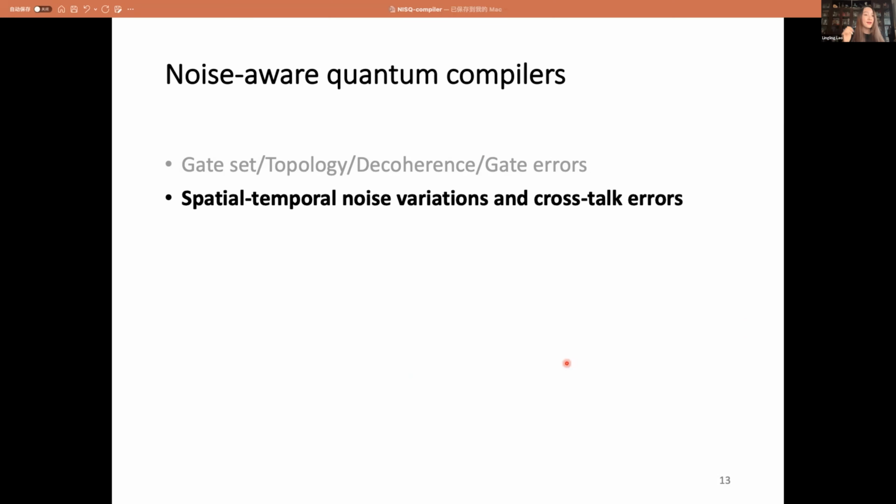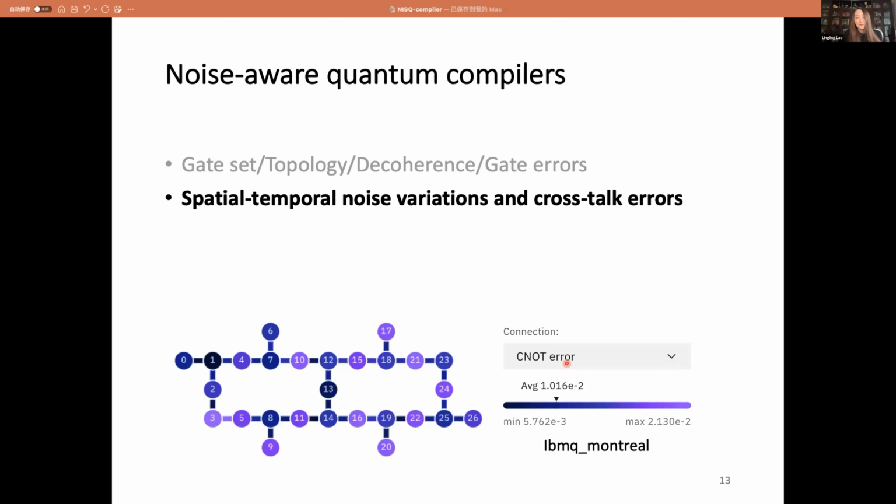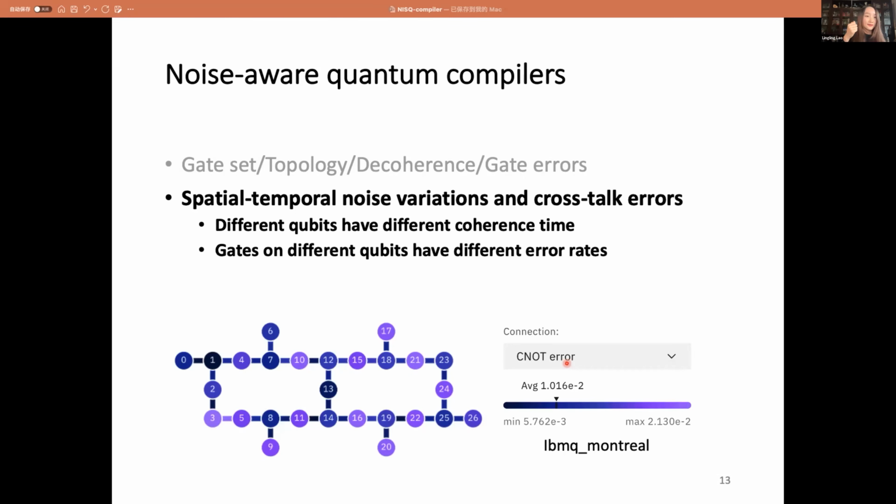However, these compilers haven't considered the noise variations in our current devices. For example, on the IBM Montreal device, we can see that different qubits have different coherence times, and the gates on different qubits have different error rates, as shown in this heat map. Also, when performing multiple 2 qubit gates in parallel, there could be crosstalk errors. That is, one gate could introduce errors on the other gate.